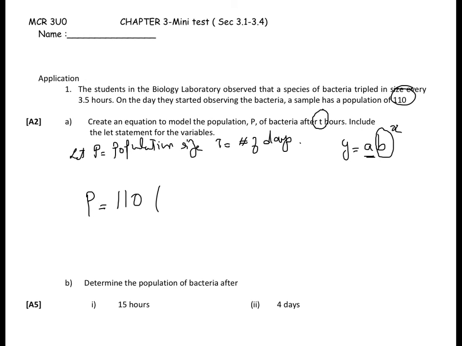So the ratio is 3. And now, remember that this x here is the number of half-lives. Although here it's tripling, it's not really half-life. But this one represents how long it takes for the bacteria to triple. It takes 3.5 hours. But the question wants the equation to be in terms of T, the number of hours. So if I give you T, to find how many 3.5 hours are inside, we are going to divide T by 3.5. So this is going to be our equation.